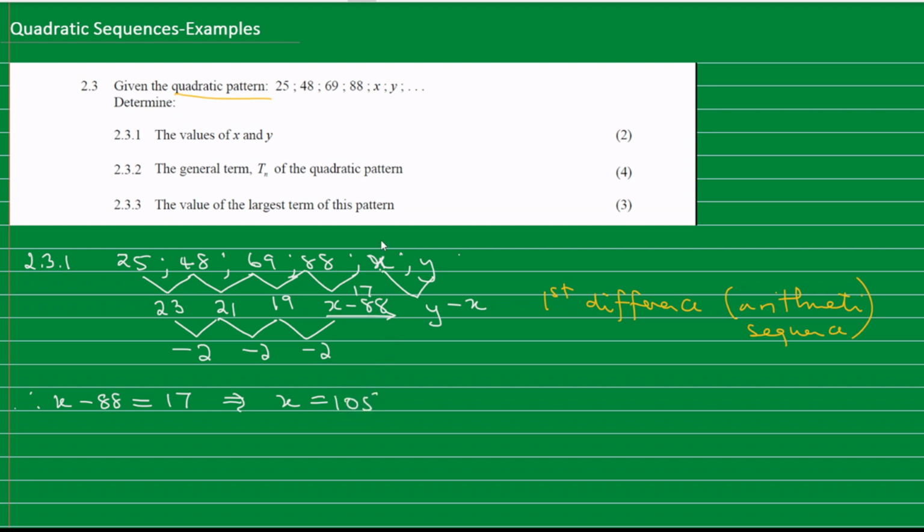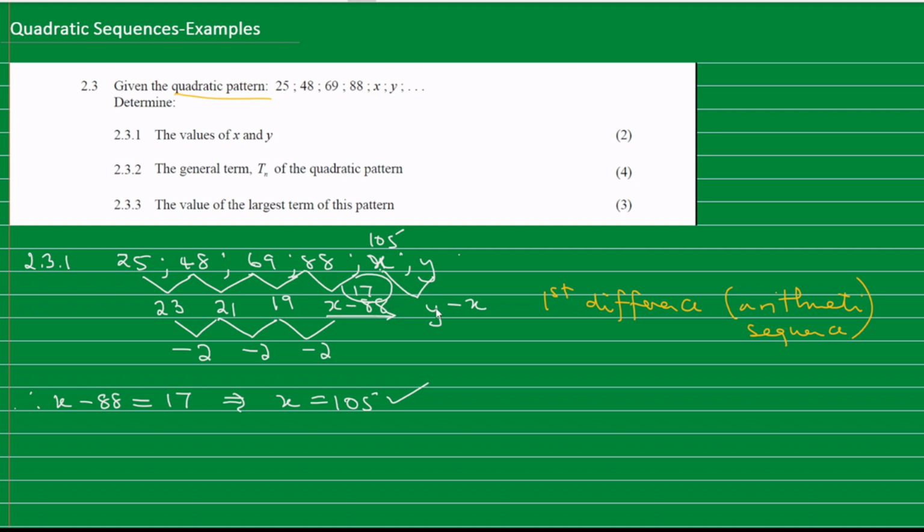So this number here should be 105, so that when we say 105 minus 88, we get 17.